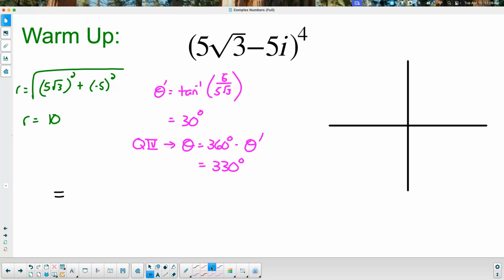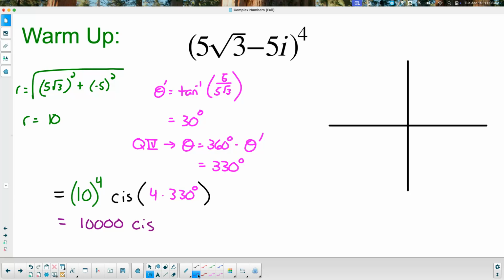So that's going to be 10 to the 4th power. And then it's cosine i sine of 4 times 330 degrees. 10 to the 4th power is, sorry, 10,000. Correct?